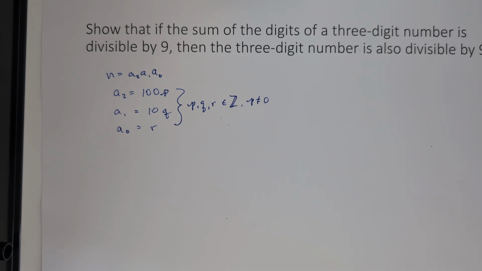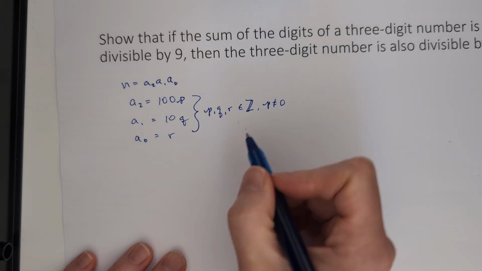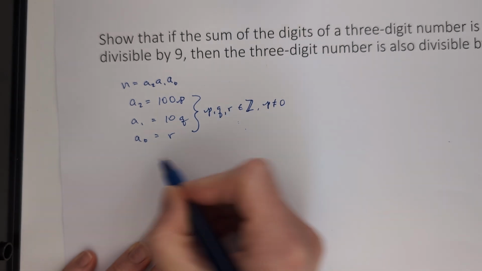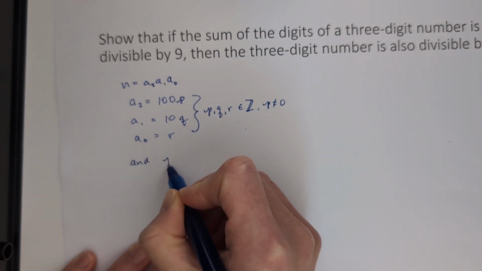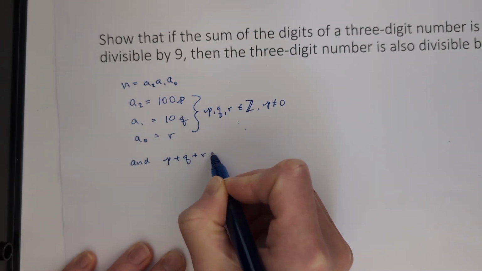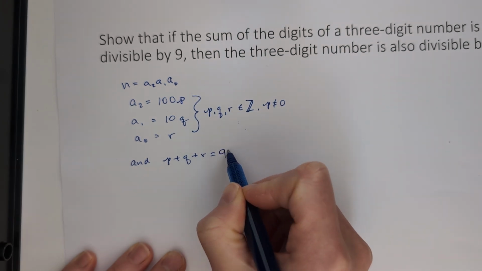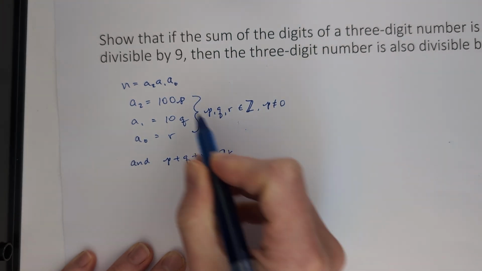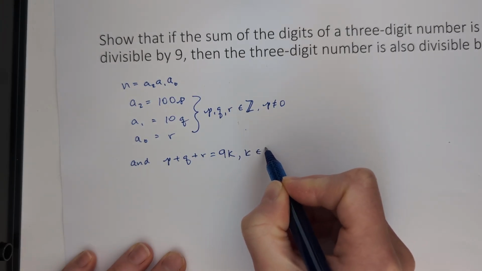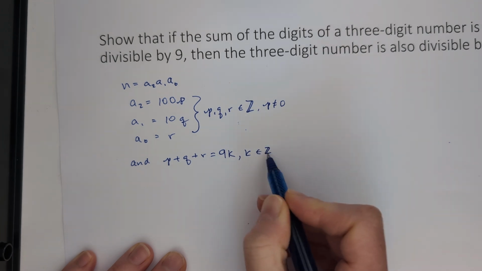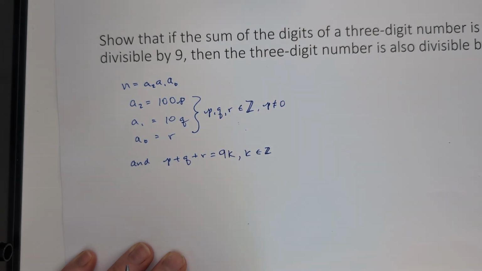What I know about that also is that the sum of these digits, so P plus Q plus R, is equal to an integer times 9 because it says it's divisible by 9. So k is an element of the natural numbers, or the integers, and if I multiply that by 9, then I get something that is divisible by 9.